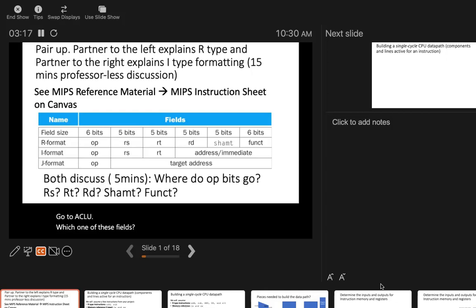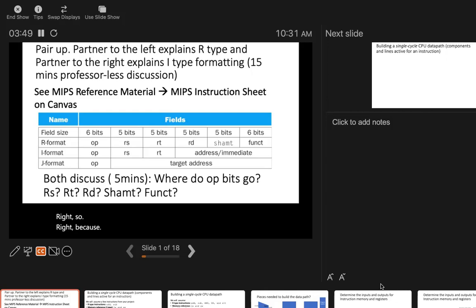Well, not technically all of it. For example, if you consider the I format instructions, you can have LW and branch if equal, and both of them have RS, RT, and a constant address immediate value. So what will differentiate a BEQ instruction from a load word instruction? When you build the hardware, you need to have a special decoder that determines what kind of instruction it is, because these different instructions should do different things.